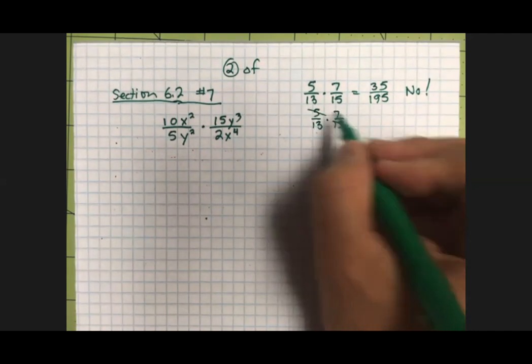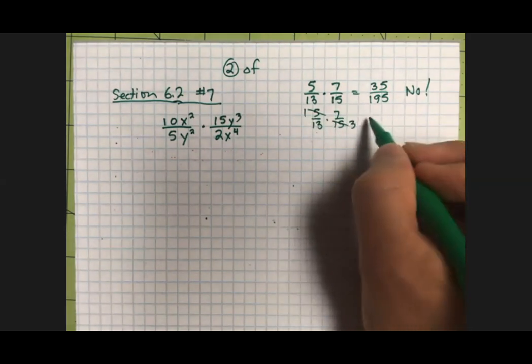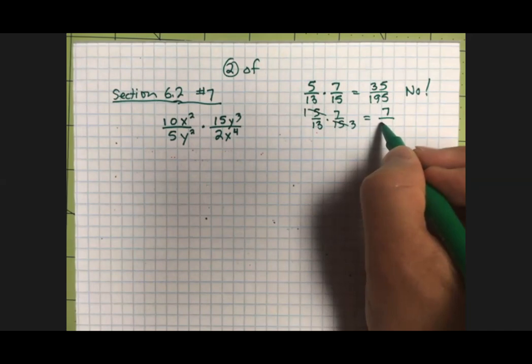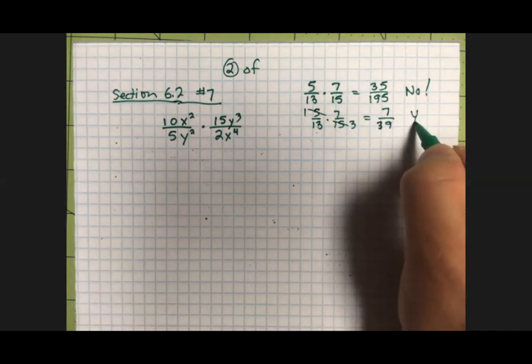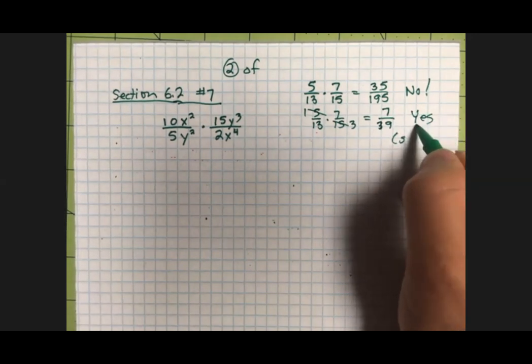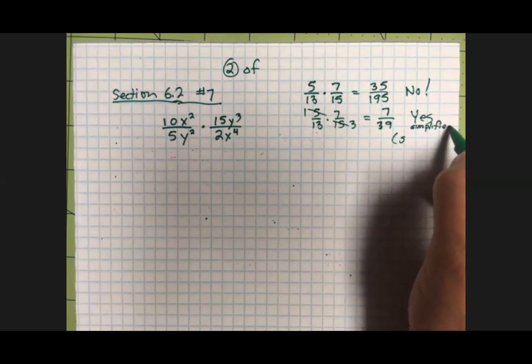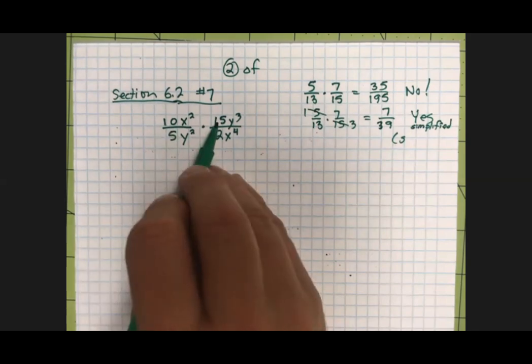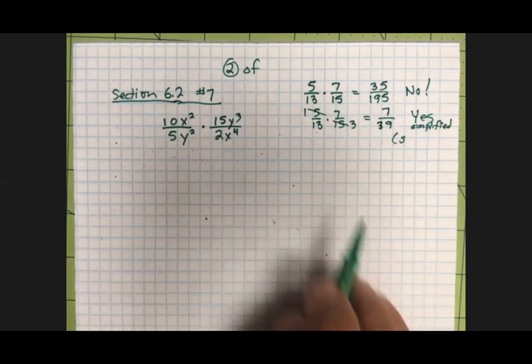5 is to 15 as 1 is to 3. Now the top is 1 times 7 and the bottom is 3 times 13. Same answer, but simplified. And now I'm going to do the same thing right here. I do not want to multiply 10 times 15 to say 150. I want to see what I can cancel.